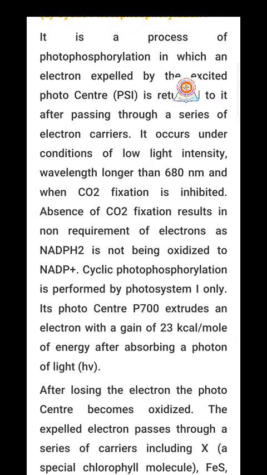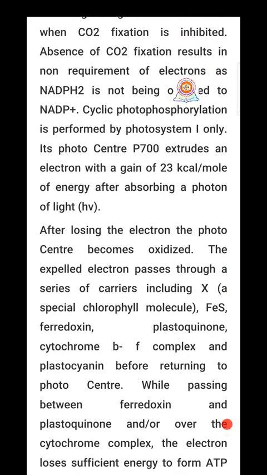After losing the electrons, what happens? When P700 absorbs the light, photosystem 1 is excited and the electron is expelled from it.